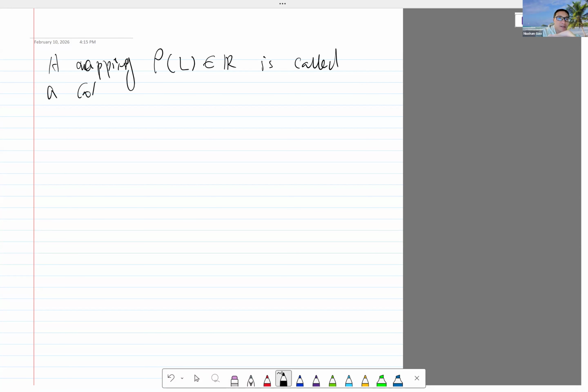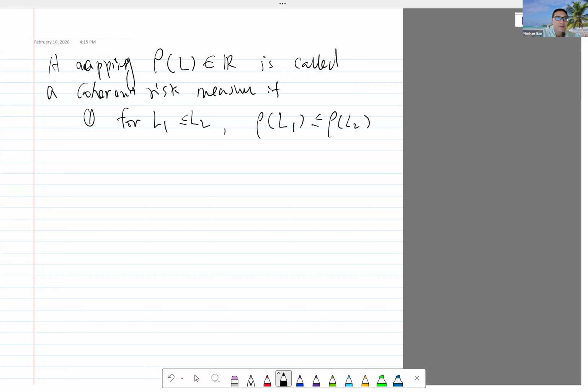Definition: a mapping on random variables, rho of L, which is a real number, is called a coherent risk measure if: first, for L1 less than or equal to L2, rho of L1 is less than or equal to rho of L2.